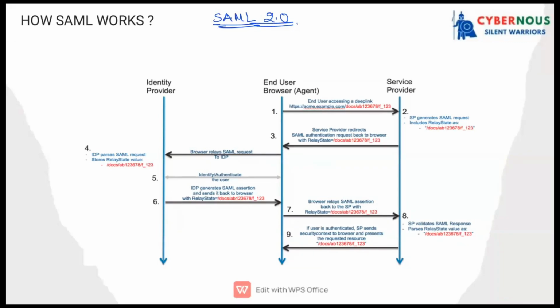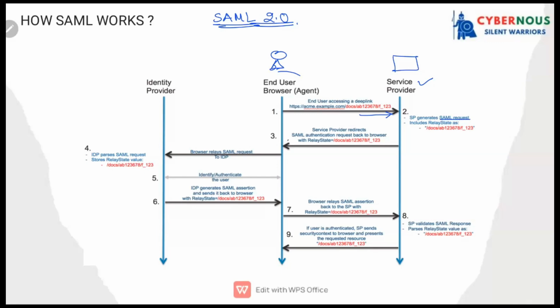So let's say you are here and you want to gain a particular service from here. This is the service provider. When you reach out to the service provider with a request for access, the service provider will generate a SAML request.